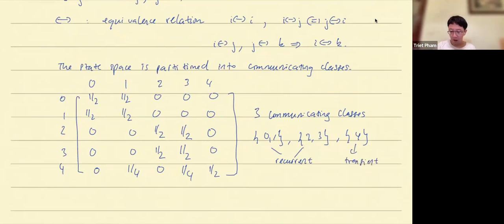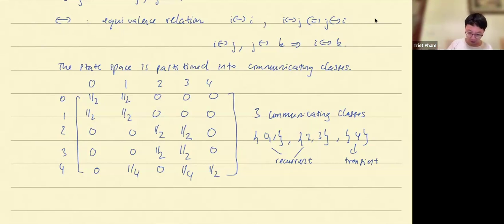Which means that if you're in a recurrent class, you will stay in the class, while if you're in a transient class, then you will eventually escape the class into somewhere else, into another class. So that's what we're going to do next, to define recurrent and transient.